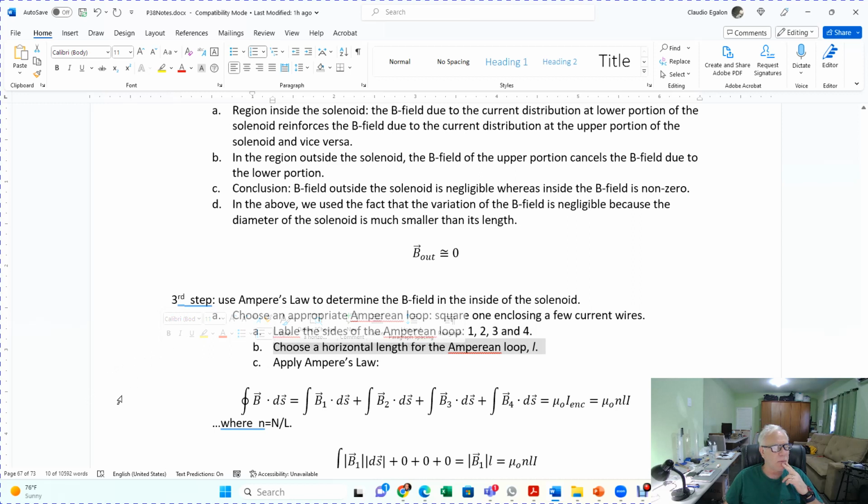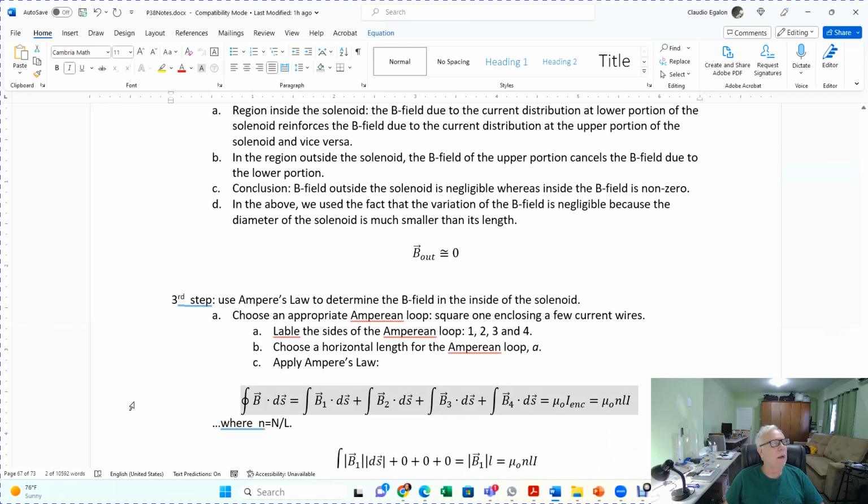Choose the horizontal length of the Amperian loop to be A. Apply Ampere's law: the integral of B dot dl over the whole loop. We break it down into 4 different paths, along path number 1, 2, 3, and 4.